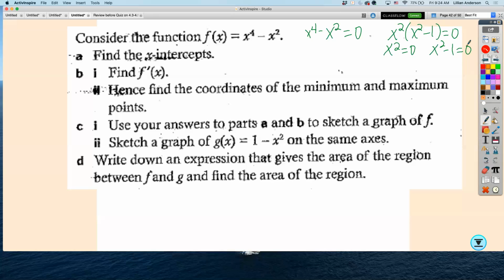What are my x-intercepts? X equals 0, 1, and -1. Don't forget here, when you add 1 to the other side and take the square root, it's always plus or minus that value. I can do the same thing for 0, plus or minus 0 is just 0. So my x-intercepts are (0, 0), (1, 0), and (-1, 0).